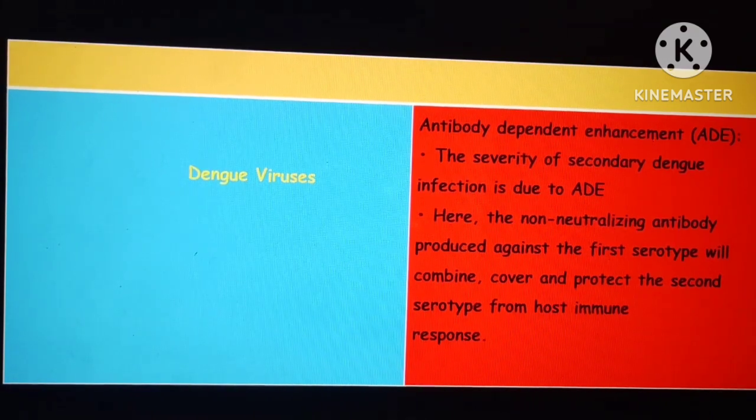But the second time, if the person is infected with another serotype, the non-neutralizing antibody produced during the first infection combines with the new serotype and helps it evade the host immune response. So once a patient is infected a second time with dengue, the condition will be much worse.